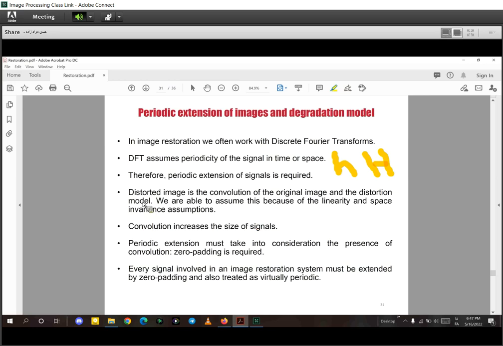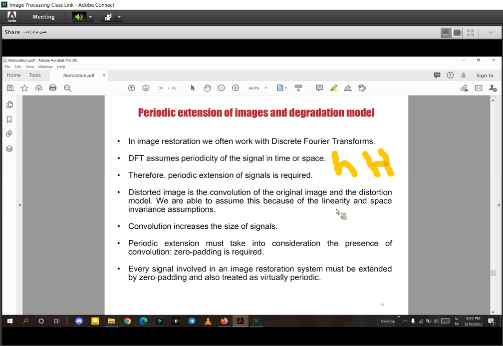The distorted image, that means Y of I, J, is the convolution of the original image F and the distorting H, because of the linearity and space invariance assumptions.